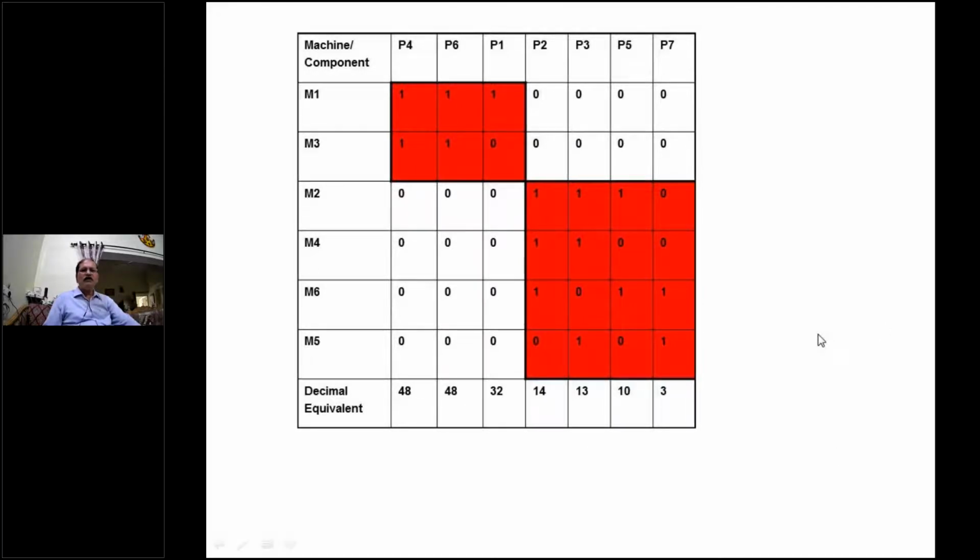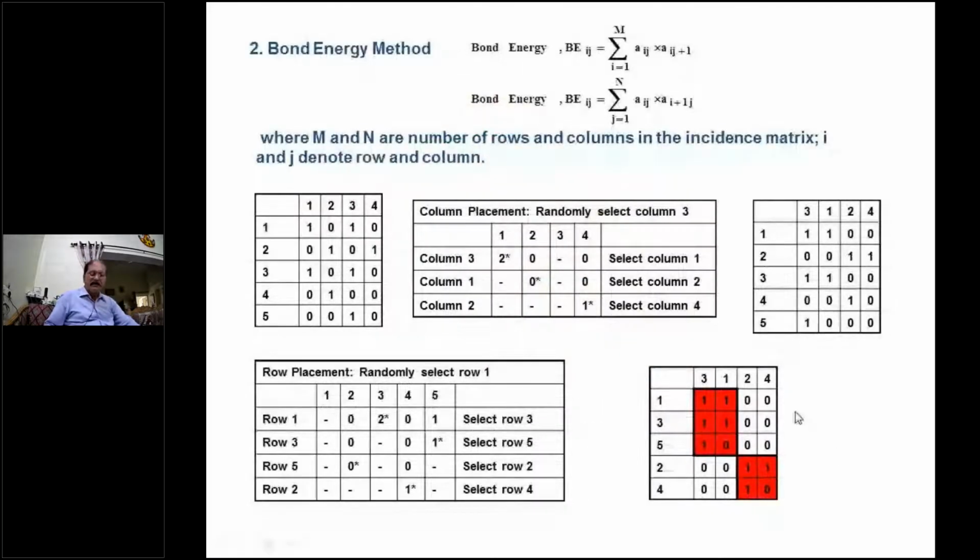So once you do this, there is another method that is known as the bond energy method. In the bond energy method also, a similar logic is being followed. What you do here first is find the bonding between two columns or two rows.